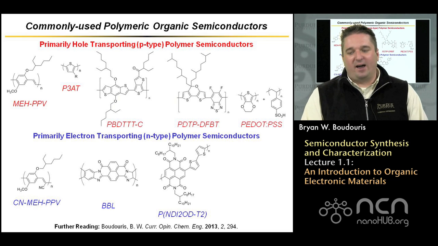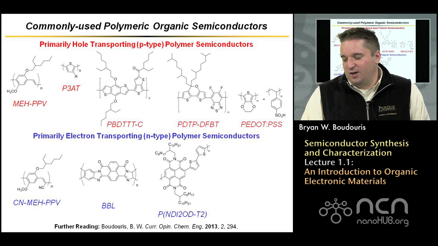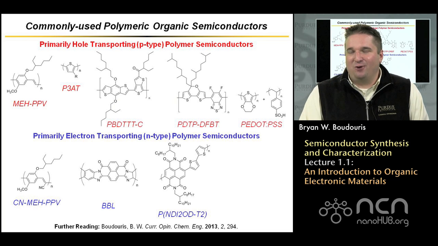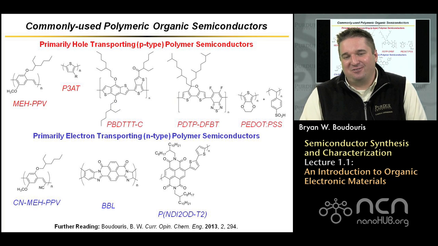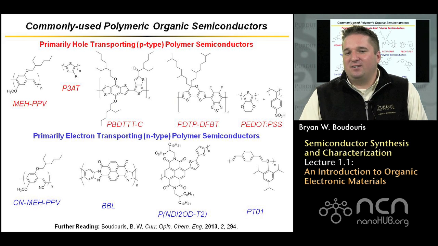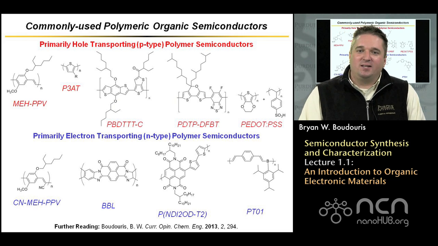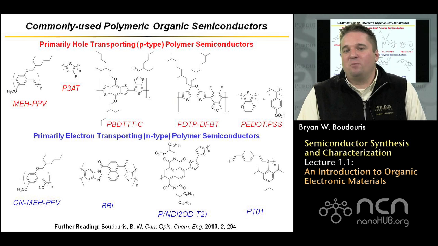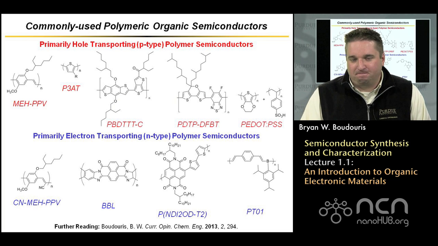We can also have ladder-type polymers and very complicated materials, as the PNDI-D2OD-T2 shows. And what I want to highlight again here is the fact that we have some P-type materials and some N-type materials, but we have many more P-type materials readily available for polymeric semiconductors as well.